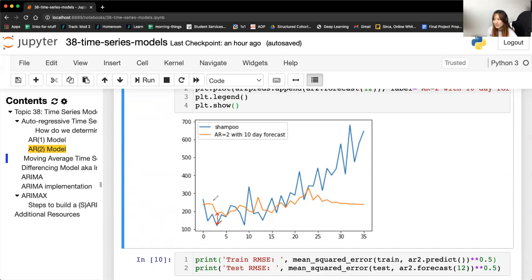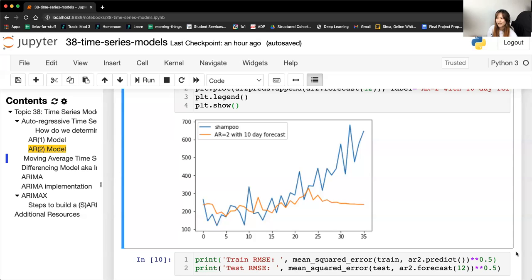This model is just going to keep building on, all right, I saw this price, I saw this price, we're just going to use these to predict this. It's not going to take into account that this was wrong, this was less wrong. So it's not updating its information as the days go by, if that makes sense. So it doesn't consider the trend in our prediction? It does not. Okay, thank you. You're welcome.